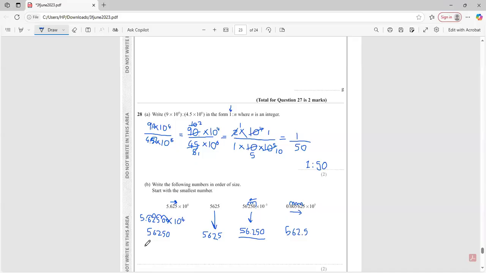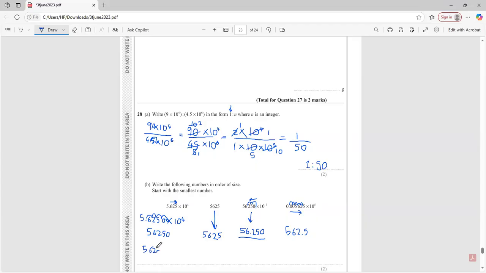So this is, okay, let me just write it. Now I know what you're thinking is, should you write the standard form or should you write this one? Well, since they said write the following numbers in order of size, I think it's fair for us to revisit the one that they gave us. So let's just write it according to how the question came.